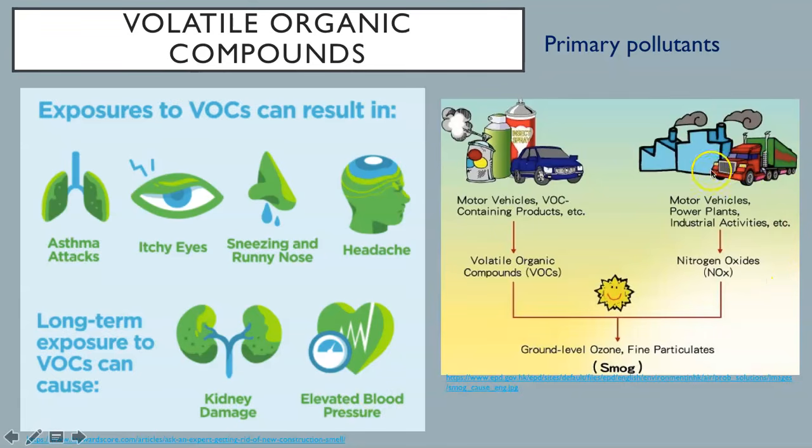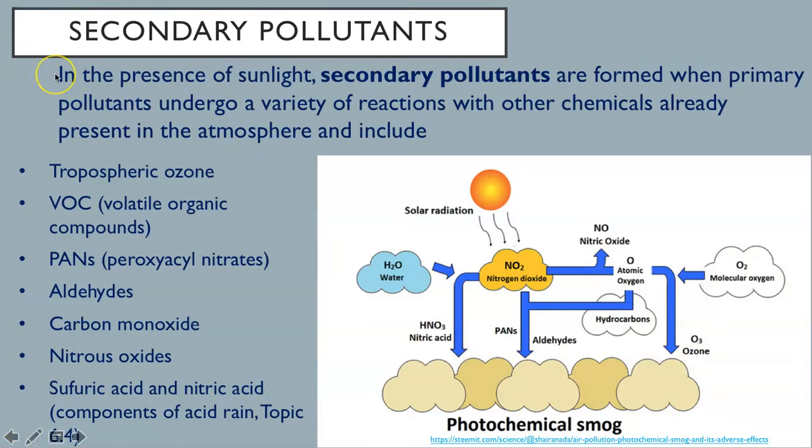However, volatile organic compounds can also react with nitrogen oxides in the presence of sunlight to form particulates and tropospheric ozone, a secondary pollutant which is the main component of smog. In the presence of sunlight, secondary pollutants are formed when primary pollutants, such as VOCs, like I already mentioned, undergo a variety of reactions with other chemicals already present in the atmosphere.